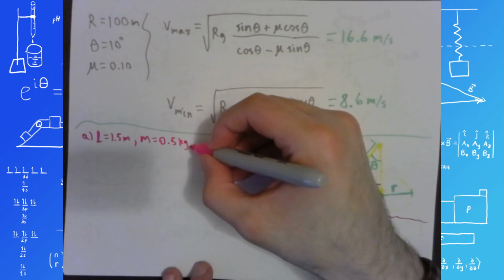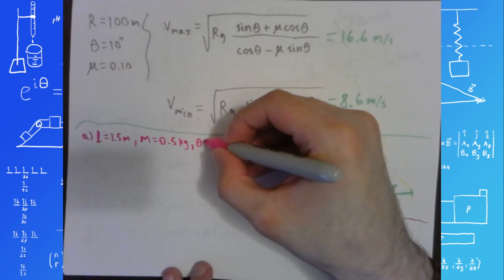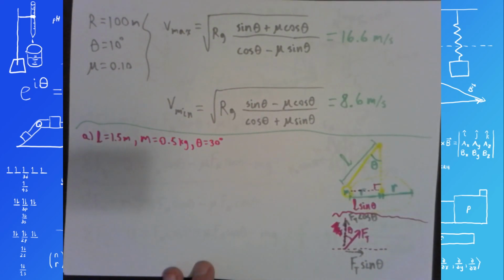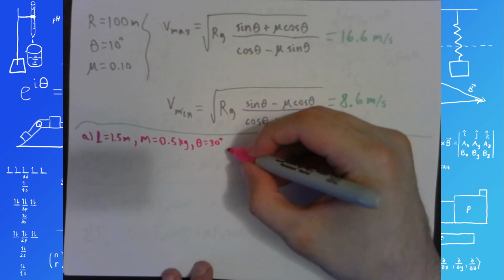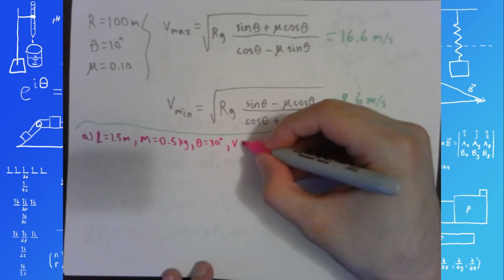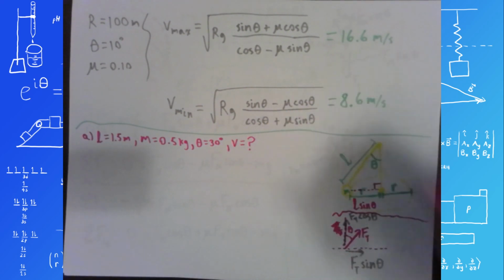And the angle is 30 degrees, and theta equals 30 degrees. Determine the ball's speed. It's asking for v. Assuming this thing is moving in uniform circular motion, what would the value of v be?